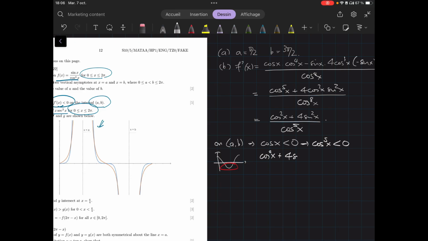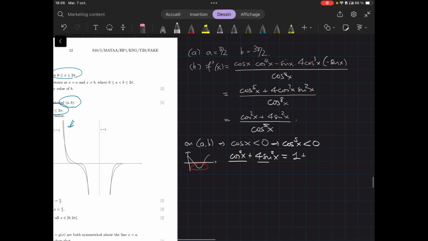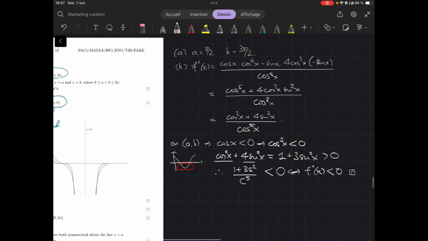Cos squared plus sine squared upstairs. This is going to be 1 plus 3 sine squared upstairs, so we know this guy is strictly positive. Therefore, top divided by bottom must be strictly negative, or f prime of x is less than 0, as requested.